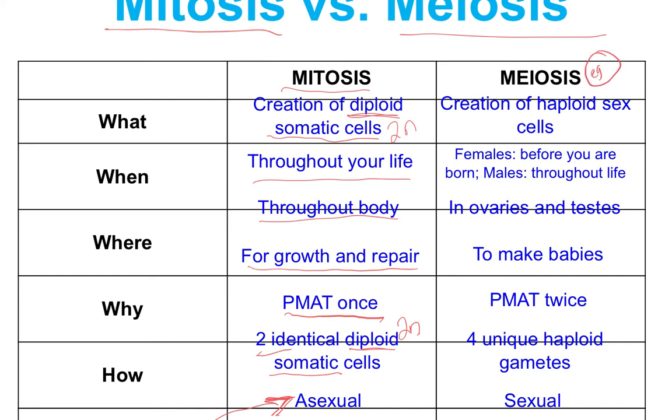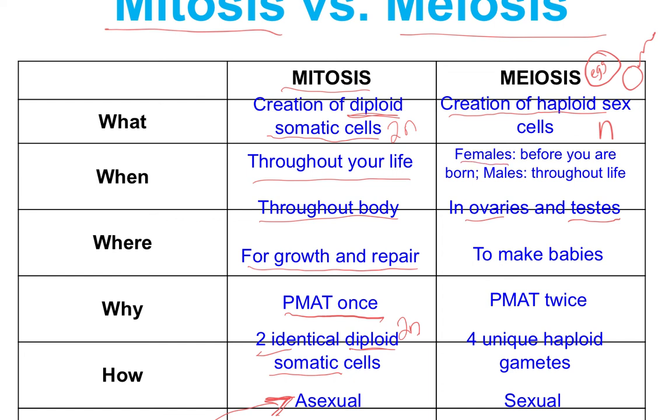It is going to make eggs and sperm cells. It only happens in the ovaries and the testes, and its whole purpose is to create these haploid cells and cells that will eventually increase our genetic variation in a species.